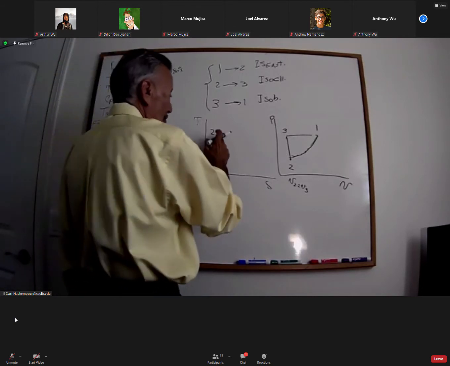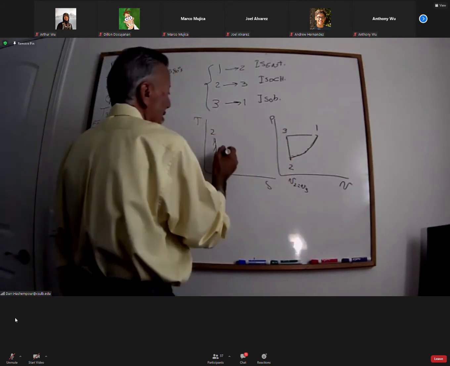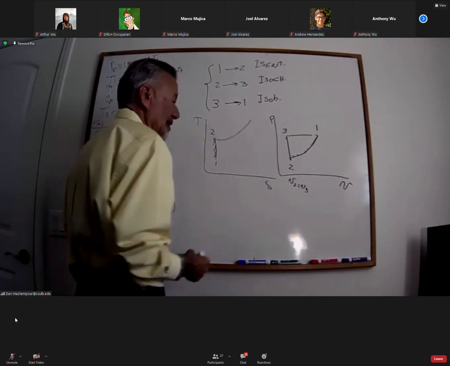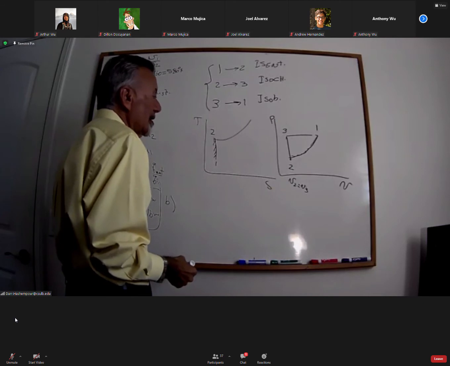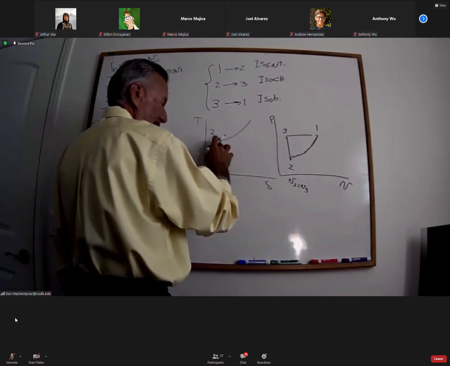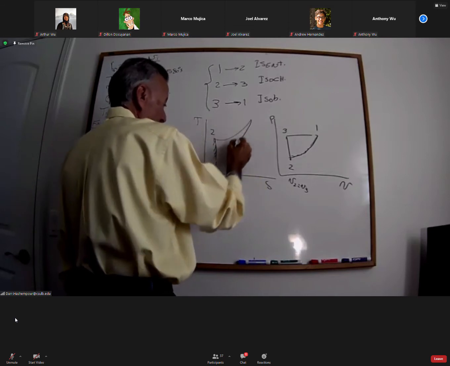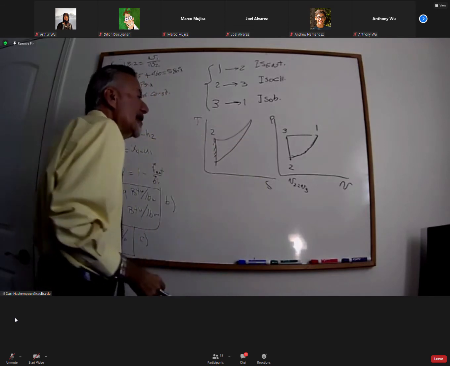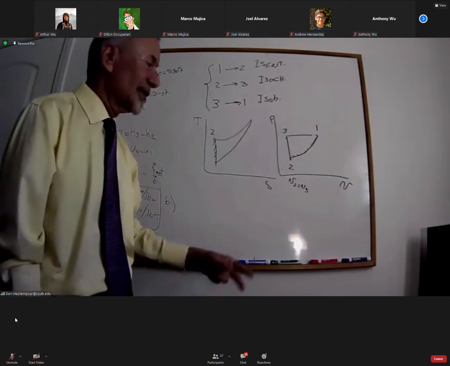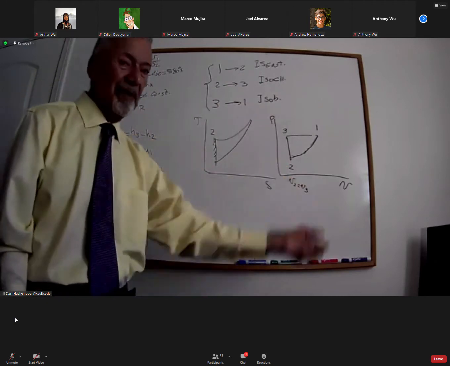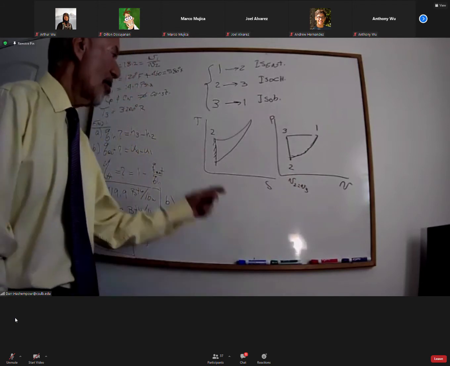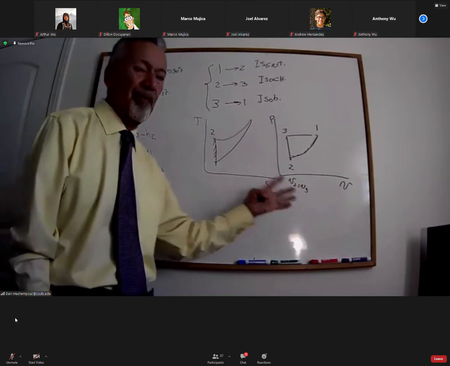Now, for 2 going to 3, I have to go up, not isentropic, exponentially up and exponentially down. So for some made up processes, this would be the TS and PV diagram. So you can always come up with these.